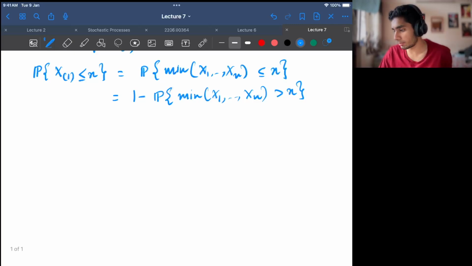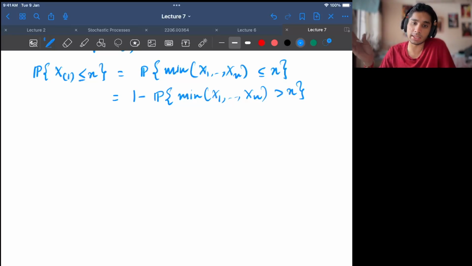Now, what is this probability? The probability that the minimum of all the n given random variables is greater than x. If the minimum is greater than some x, that means that each one of these random variables is greater than x. I hope I am clear in this. I will repeat myself.